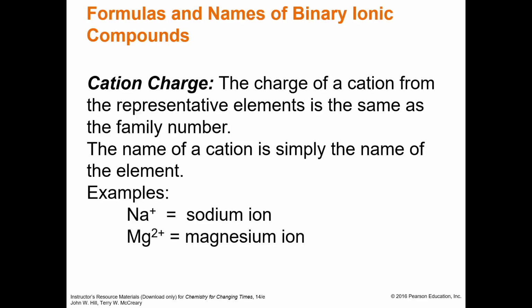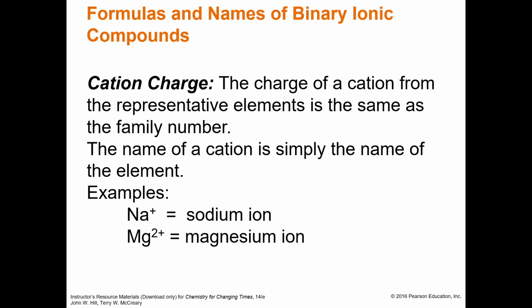Alright, so a cation's charge. The charge of a cation from the representative elements is going to be the same typically as your family number. So the name of the cation is simply the name of the element with ion at the end. So this is the main group elements again. Sodium, for example, is sodium ion.